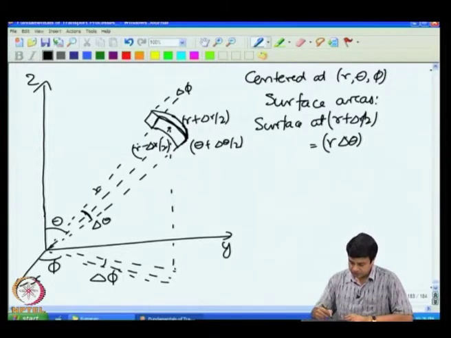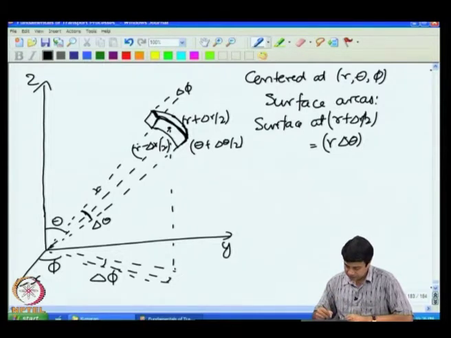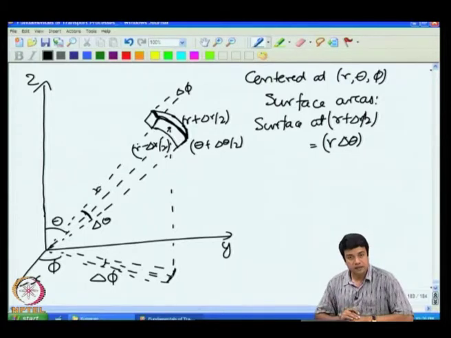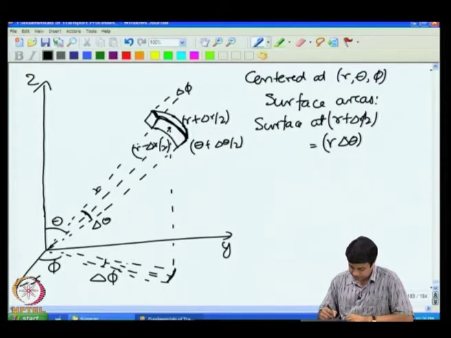So, this surface is bounded by two lines, one is here, the other is here. The other is in the phi direction. In the phi direction, this distance here is r sin theta, and this angle is delta phi.